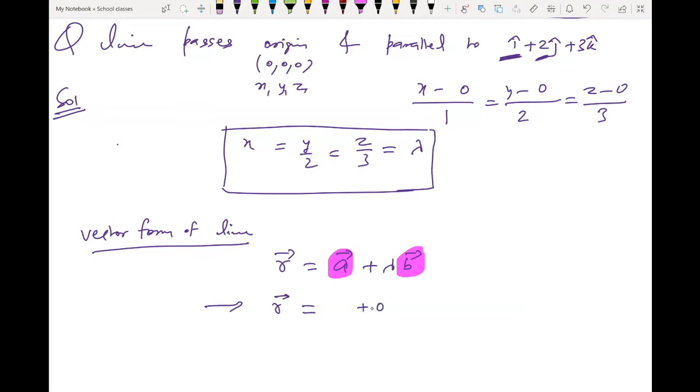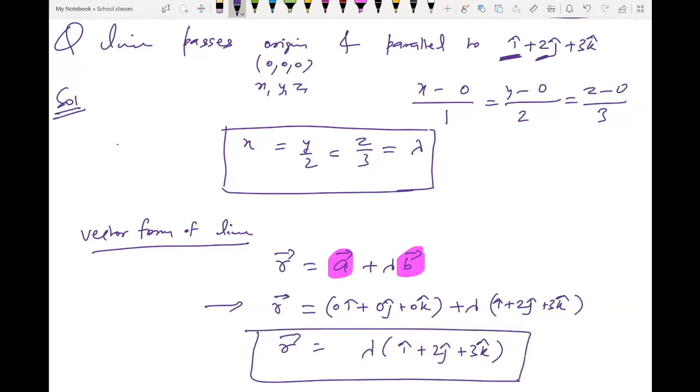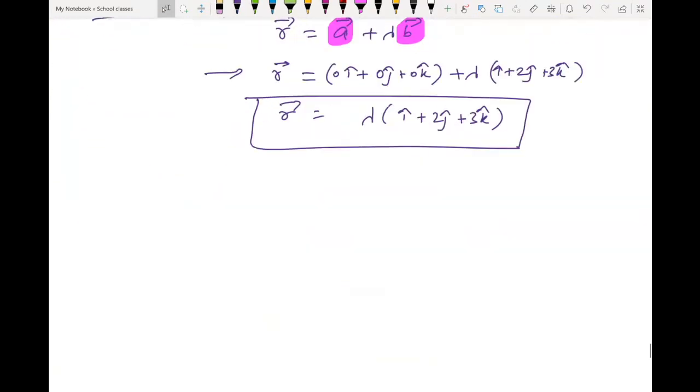Or you can simply write 0 i cap plus 0 j cap plus 0 k cap, which is nothing but 0, plus lambda times b vector. What is b vector here? You can simply write it like this also. This is nothing but i plus 2j plus 3k. Is this clear? So this is the answer.